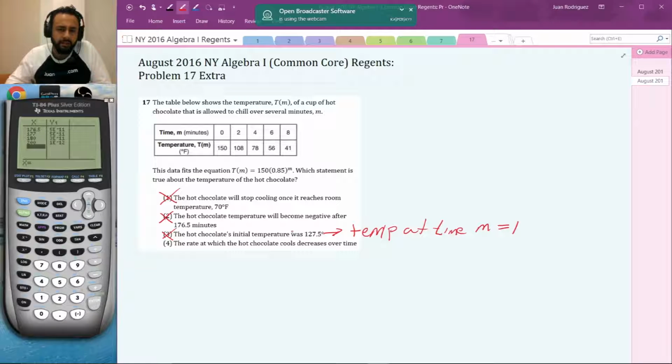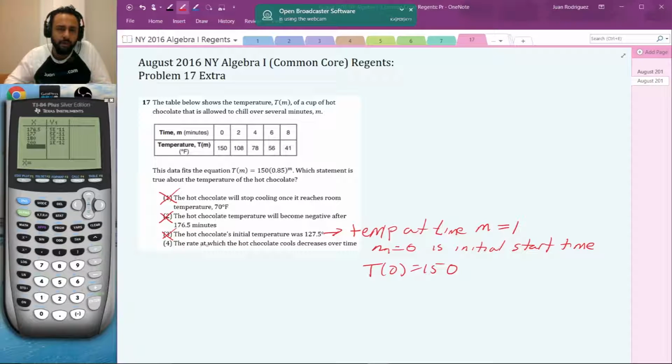So it's not 127.5. M equals 1 is not the start time. The initial time is m equals 0. M equals 0 is the initial start time. So T of 0 equals 150. So that's not the answer.